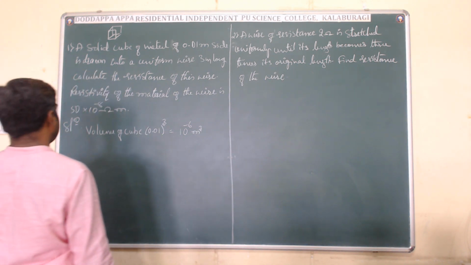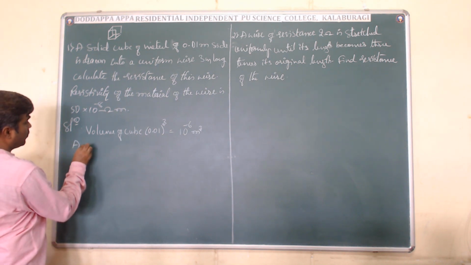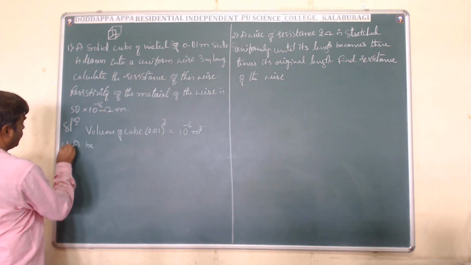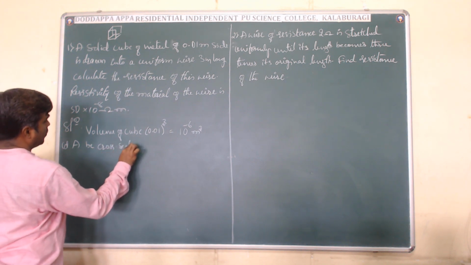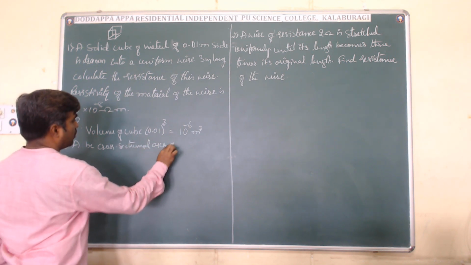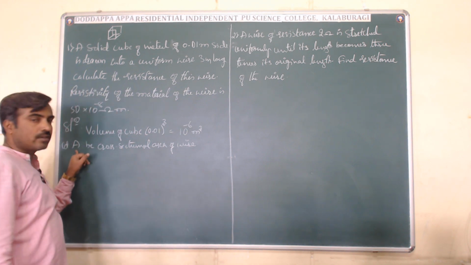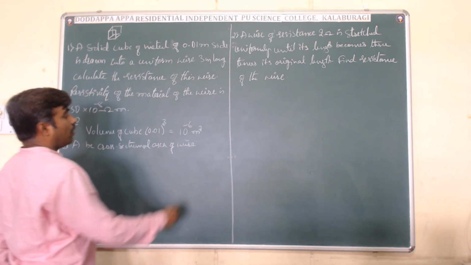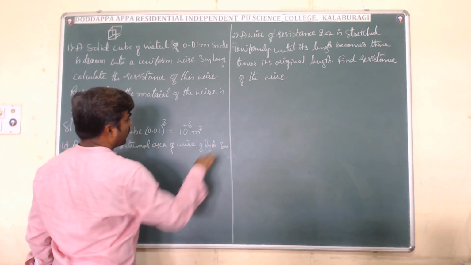So let A be the cross sectional area of the wire of length 3 meter.